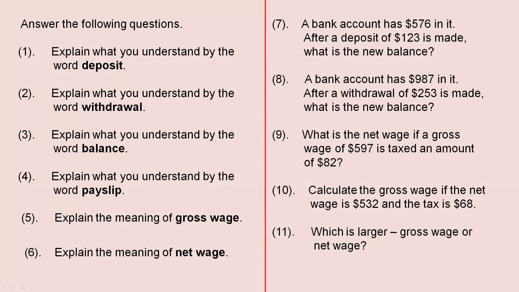So you have to read this very carefully, and if you know the meaning of gross wage, net wage and what tax entails, you shouldn't have much difficulty. And number 11, which is larger, gross wage or net wage?